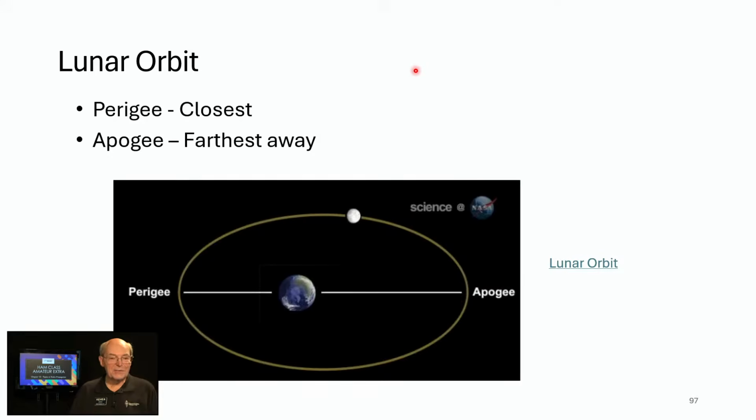Perigee sounds a little bit like a periscope. A periscope, stick it up above the water and you can see a distant ship that looks closer. So that was a trick that was helpful to me. Apogee, you can think of away or apart, the longer distance. And here's a link that talks about lunar orbit.